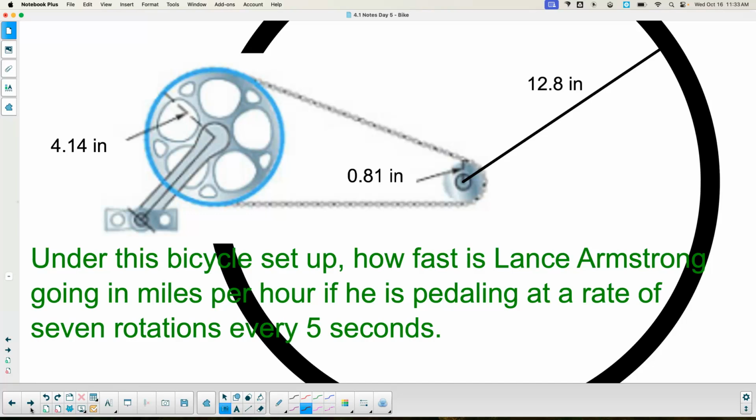So we have to get from here to here. We can't jump. We can only travel if we're connected. Right now, we know that the pedal is rotating at 7 revolutions every 5 seconds. Correct?